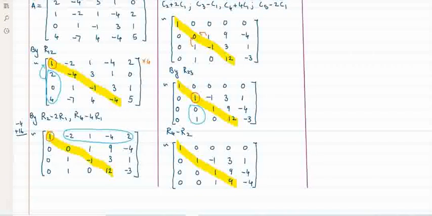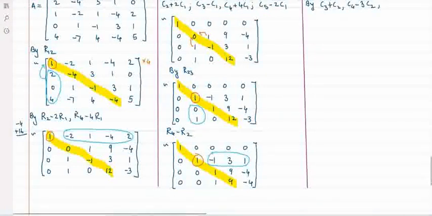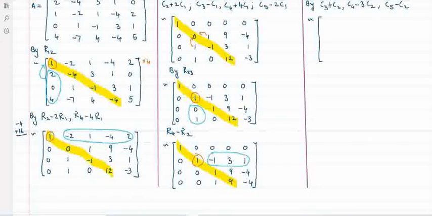After getting the elements below A22 to 0, the next step is the right side elements, by using column transformations: C3 plus C2, correct? C4 minus 3 times C2 and C5 minus C2. Correct me if I am writing the wrong calculations.